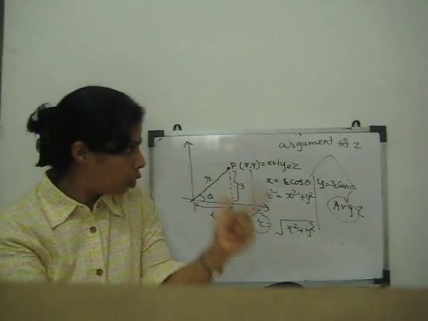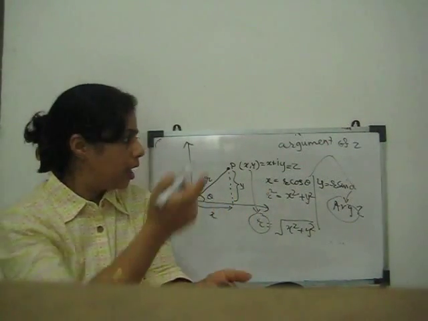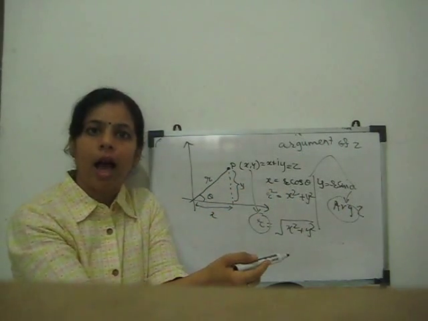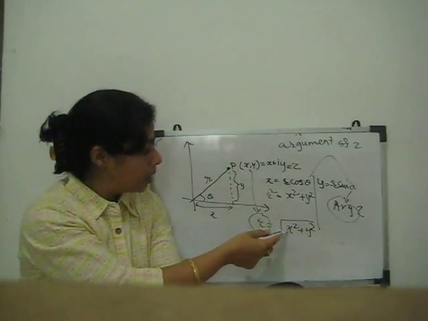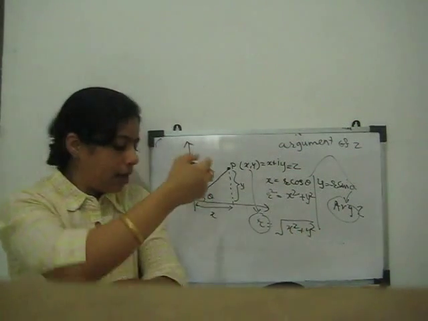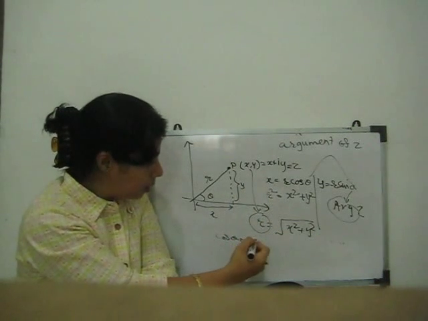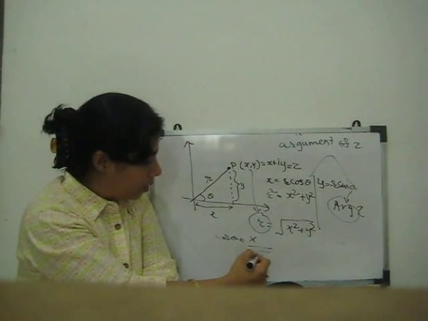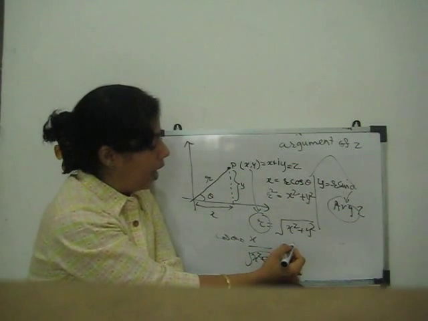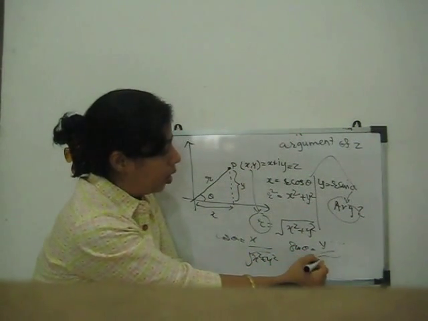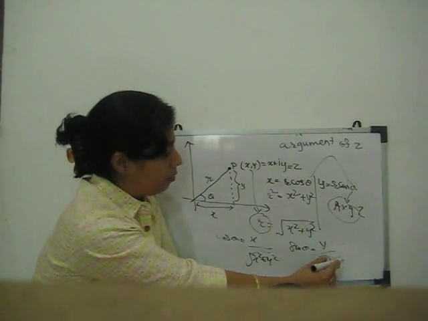So what is our theta? Cos theta is x by r. Clear? R is under root of x square plus y square. Then cos theta is x by under root of x square plus y square, and sin theta is equal to y upon under root of x square plus y square.